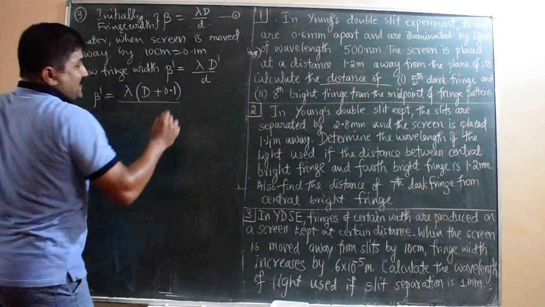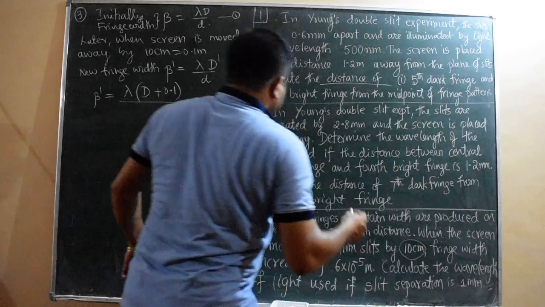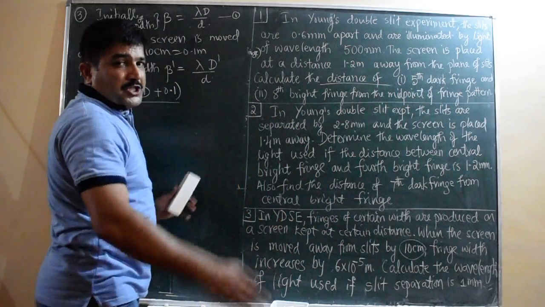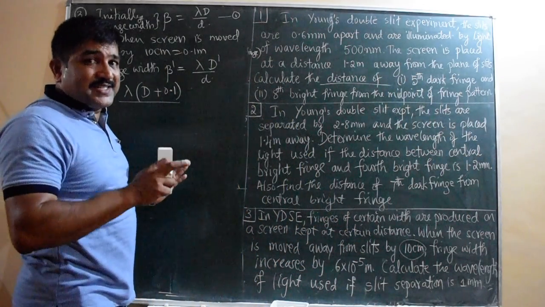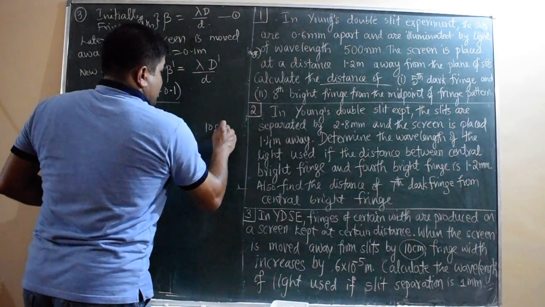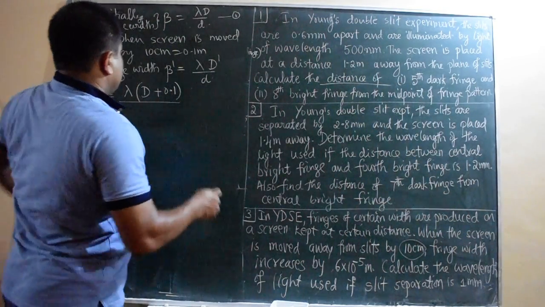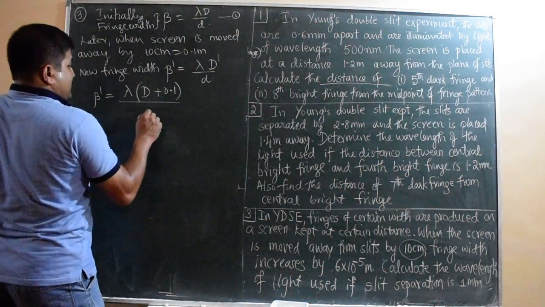D plus 10 centimeter actually. This change in the position of the screen, 10 centimeter, in meter is 0.1 meter. That's what I wrote here, then divided by small d as it is.